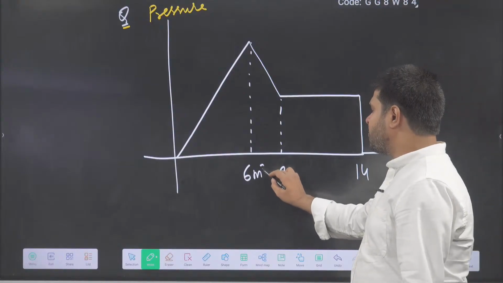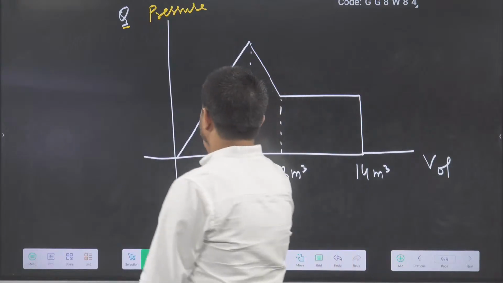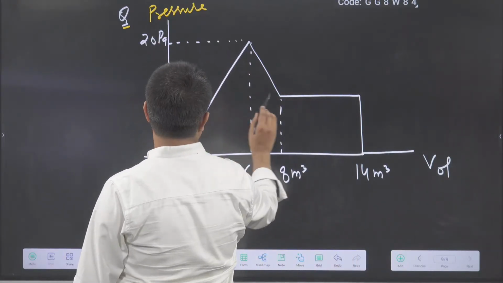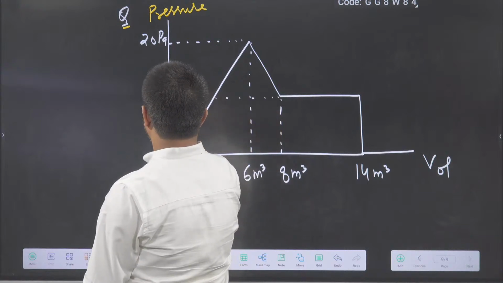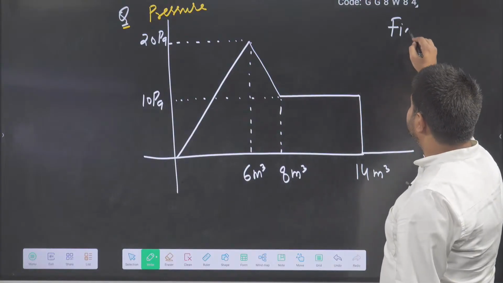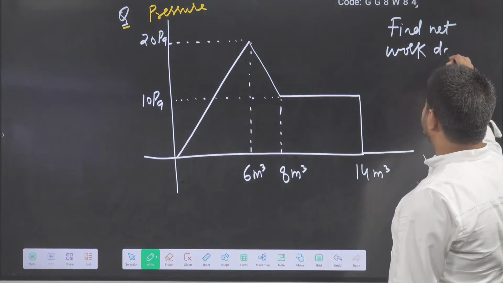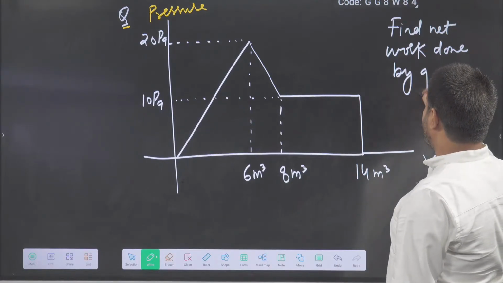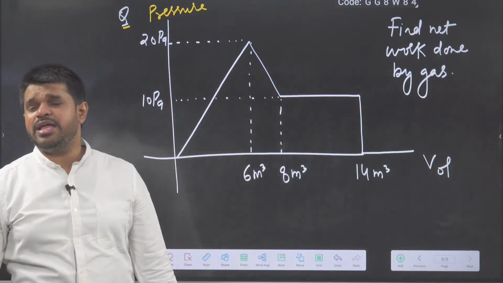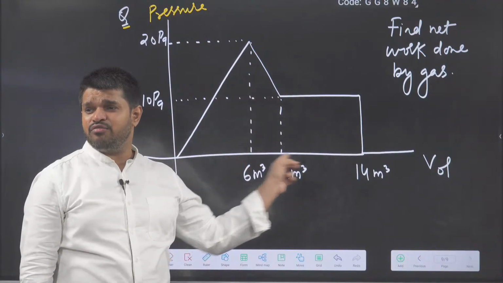These are meter cube. 20 Pascal, 10 Pascal. Find the net work done by gas. I am giving a hint: work done by gas is the area between the pressure-volume graph and the volume axis.